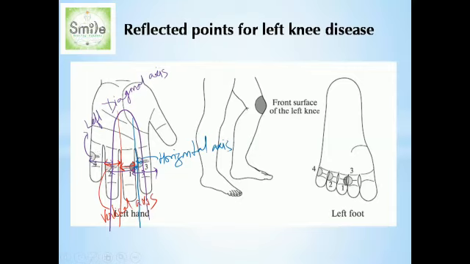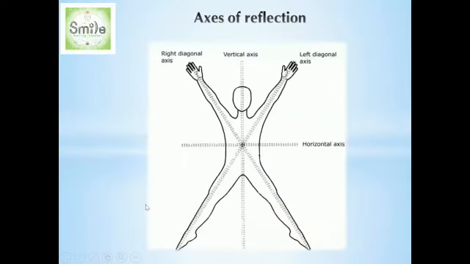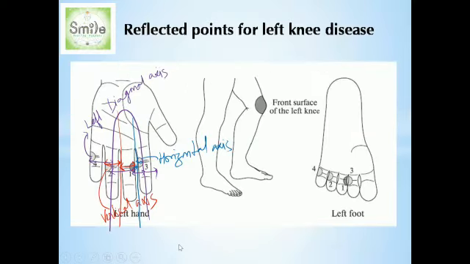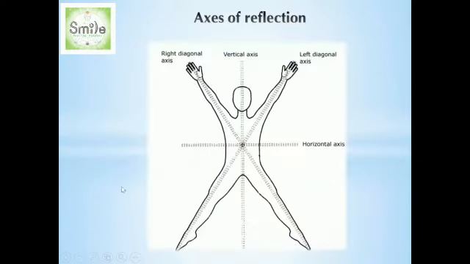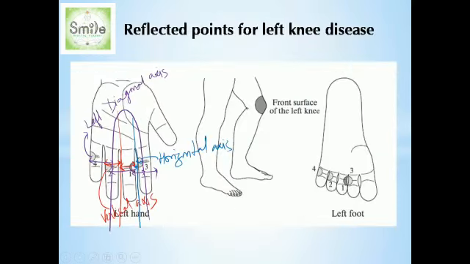So again I am explaining the left diagonal axis. See, here the left diagonal axis is passing from left hand to right leg. The vertical axis is passing in between the two legs, so we have drawn this vertical axis in between the two legs.